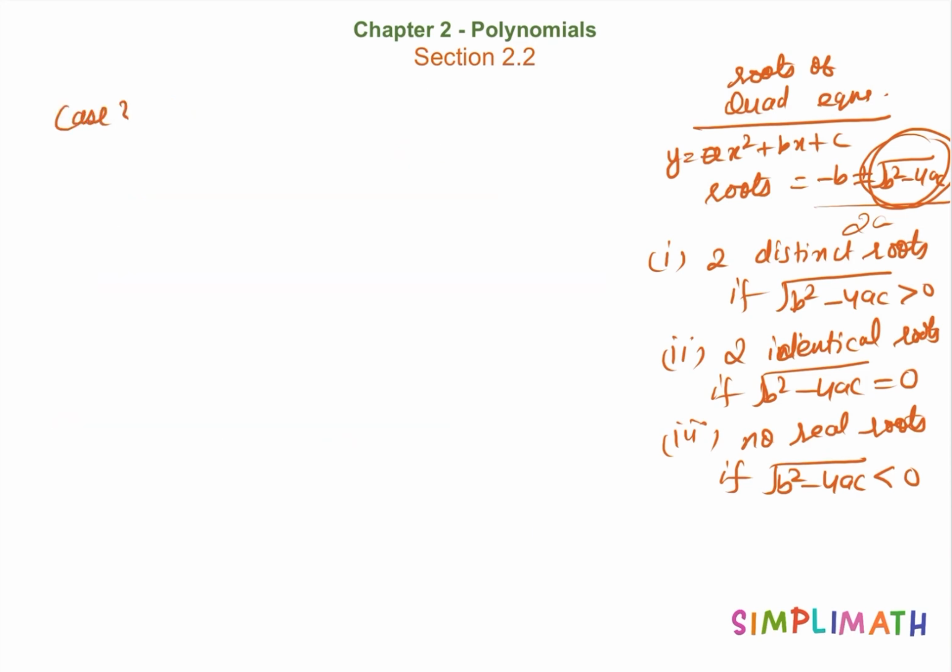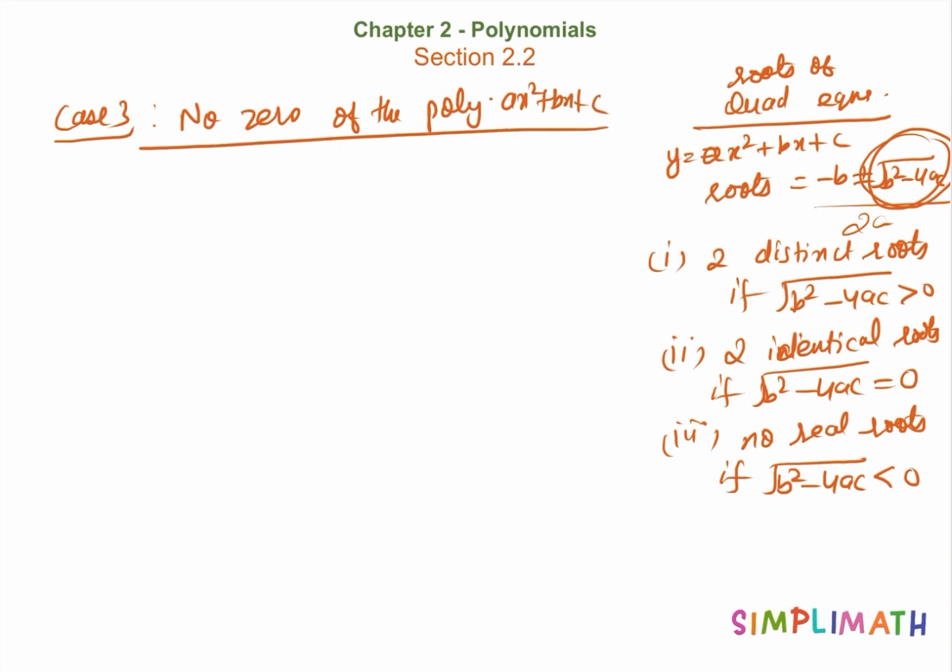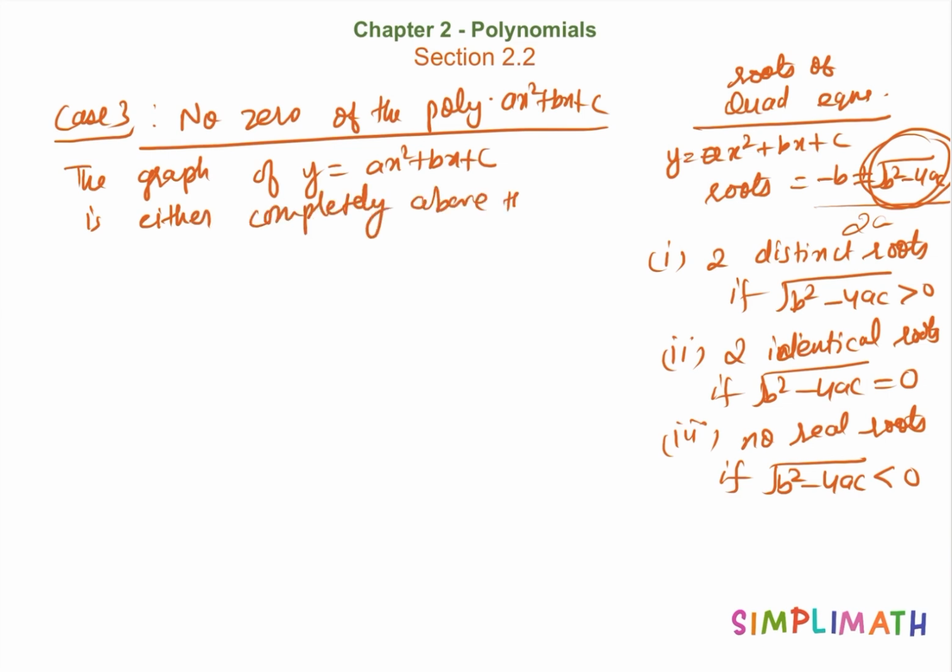Now let's come to case number 3, where there is no zero of the polynomial ax square plus bx plus c. So this means the graph of y equals ax square plus bx plus c is either completely above the x-axis or completely below the x-axis.